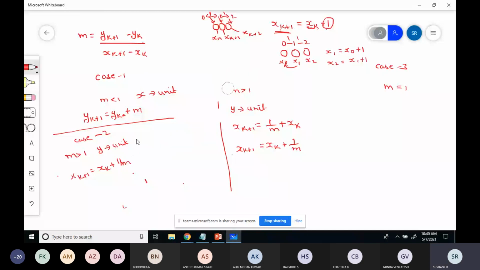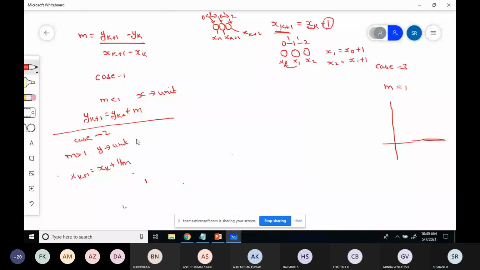So now we'll calculate. Now you'll realize the importance of this DDA algorithm. Till now we studied the equation. Now we'll talk about the actual working. So I'll just draw a line, with x-intercept and y-intercept. Now I need some points, so we'll take some examples.